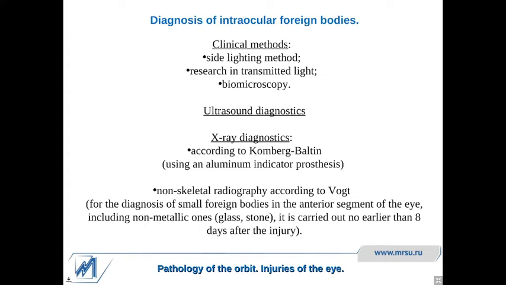The first is according to Comberg-Baldin, using a specific aluminum indicator prosthesis, and the second is non-skeletal radiography according to Vogt. Two main methods. Mostly we use the Comberg-Baldin method.